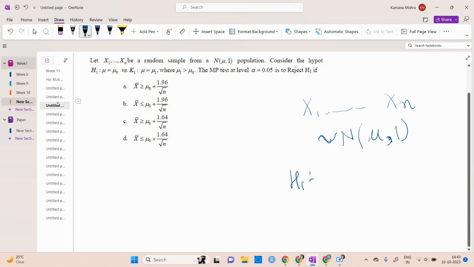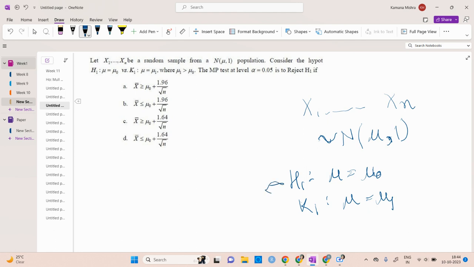Consider the hypothesis as H1 is mu equal to mu naught, and K1 is mu equal to mu1. So whenever it is written like we are testing H1 versus K1, then you take this as the null hypothesis, this one as the alternate hypothesis.